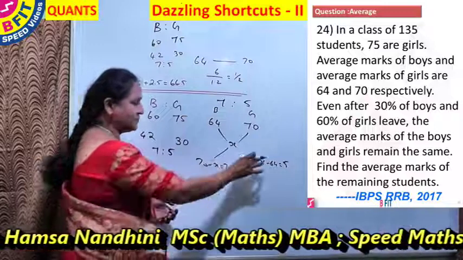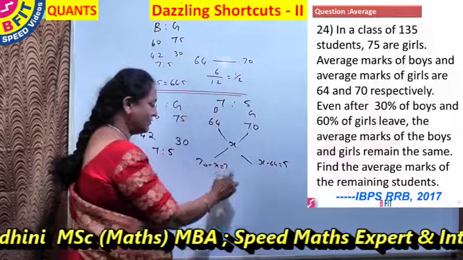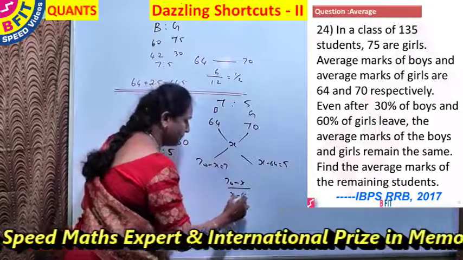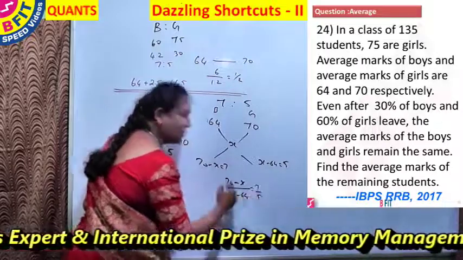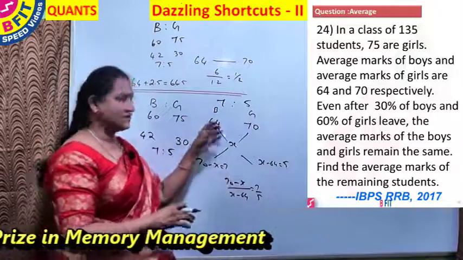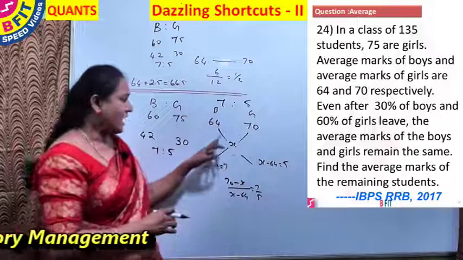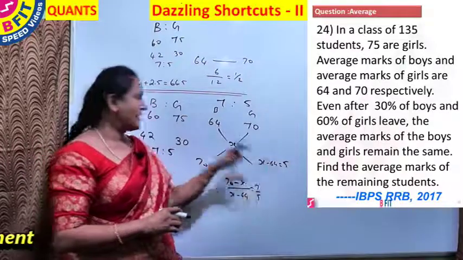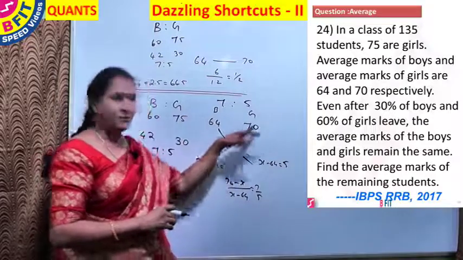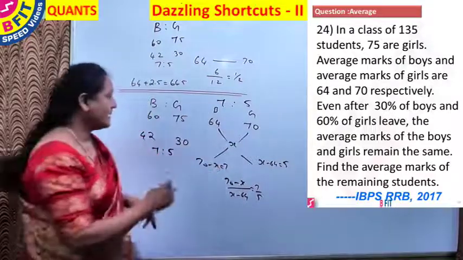70 minus x by x minus 64 equals, so the working part will be cross multiplying. But instead of doing this too, by this allegation we understood that the average of the whole is 5 parts more than 64 and 7 parts less than 70.